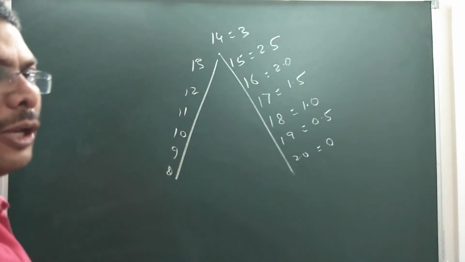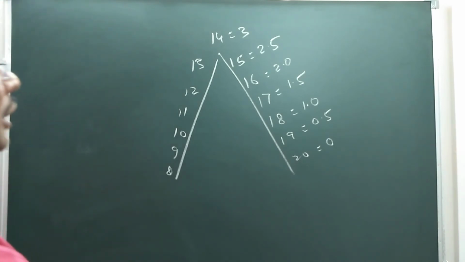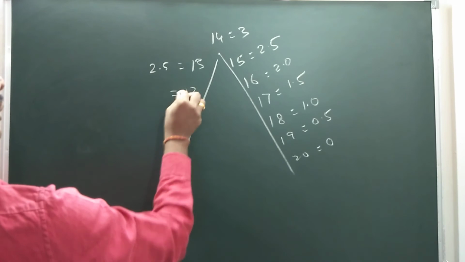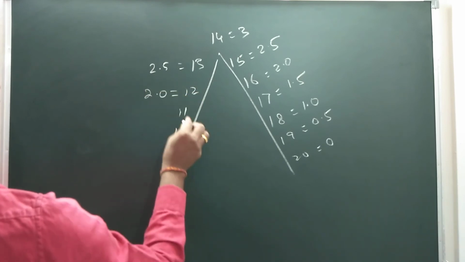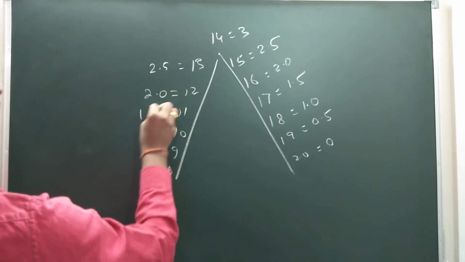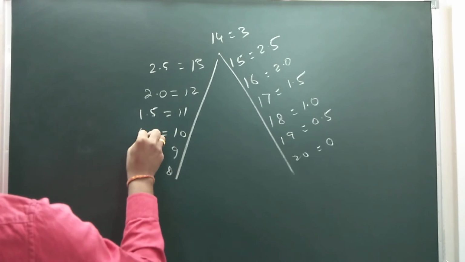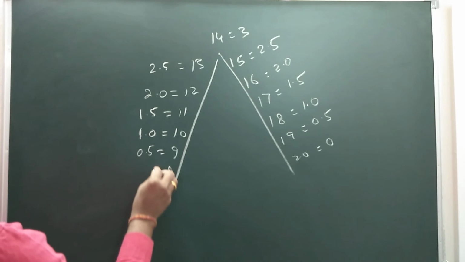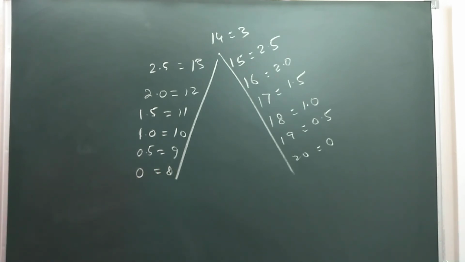This mountain formula is valid from 8 electrons to 20 electrons. Keep in mind that 13 is also 2.5, 12 is also 2, 11 is 1.5, 10 is 1, 9 is 0.5, and 8 is 0. So from 8 to 20 electrons you have to keep this in mind.